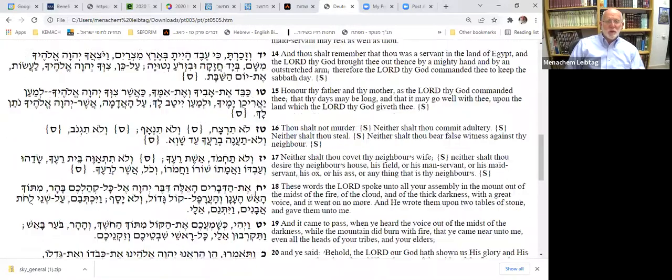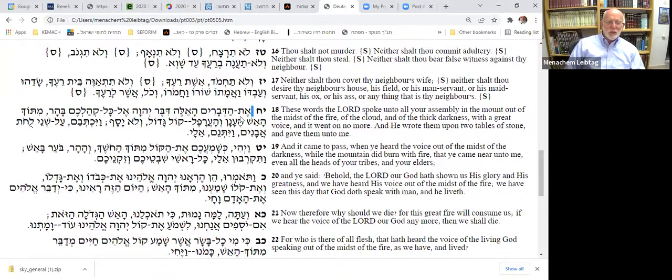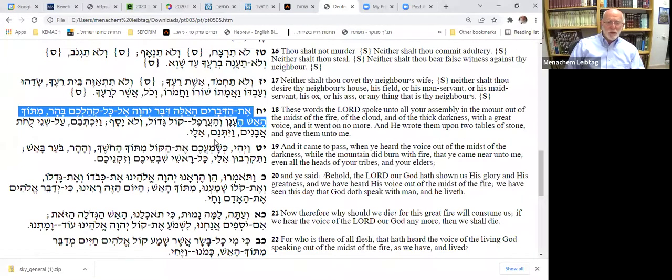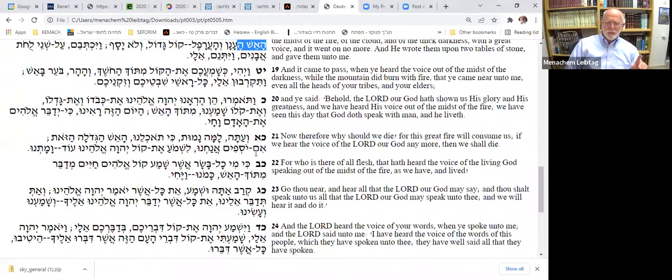You heard all these things from God, and God wrote them down in Luchot. And when you heard God's voice, you got all scared. Listen carefully to what the people say. They tell Moshe, v'ata lama namut, why should we die, b'tochleinu ha'esh hagdola hazot, this great fire? I'm sorry, I should go back a pasuk.